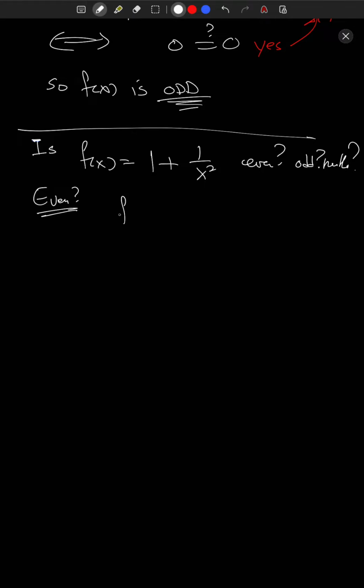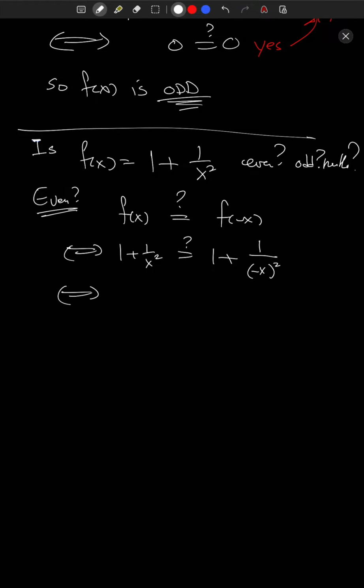That would be asking about the relationship between f of x and f of negative x: are they equal? So this is the same as asking, is 1 plus 1 over x squared equal to 1 plus 1 over minus x, whole thing squared, right? That's the same as 1 plus 1 over negative x squared, which is the same as just x squared, the minus ones cancel.